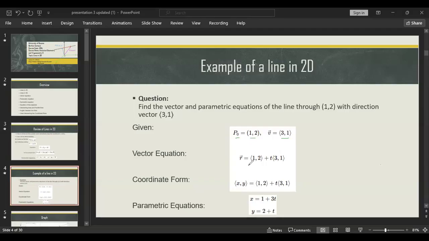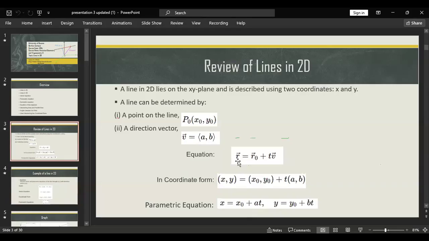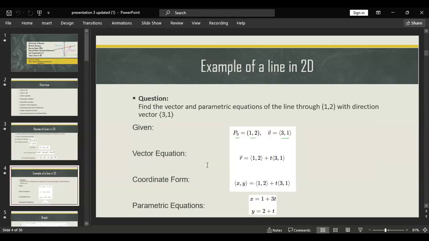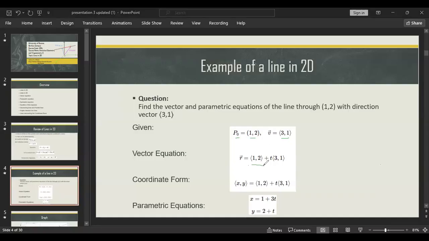So we simply substitute back into the previous given equation of vector r is equal to vector r naught plus t times vector v. And when we substitute that, the first part becomes (1, 2) in the first bracket, plus our t parameter times, in the second bracket, (3, 1).